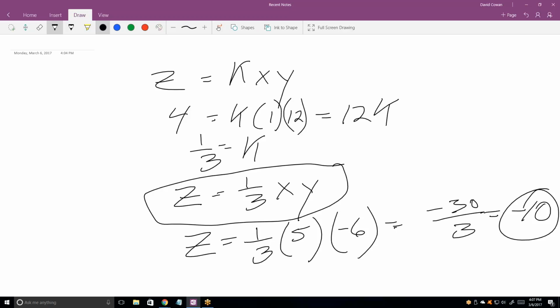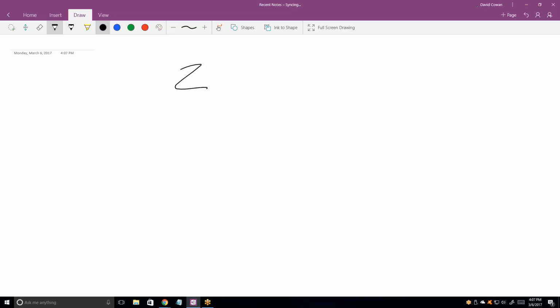Now, for 6 and 7, they give you different x, y, and z, but the general equation is always that. It's just a question of calculating a different k.